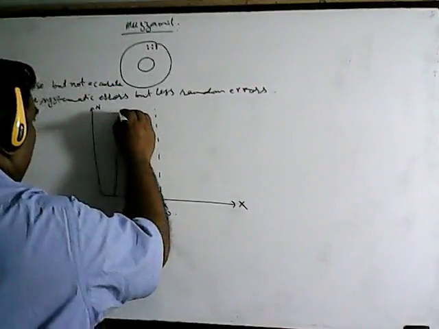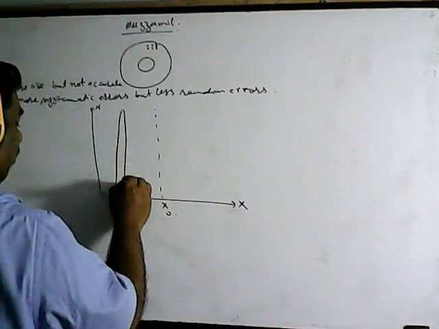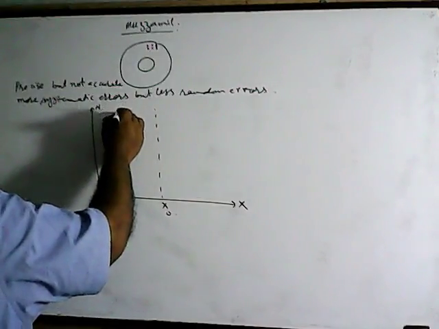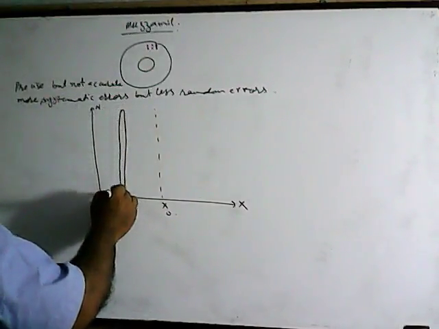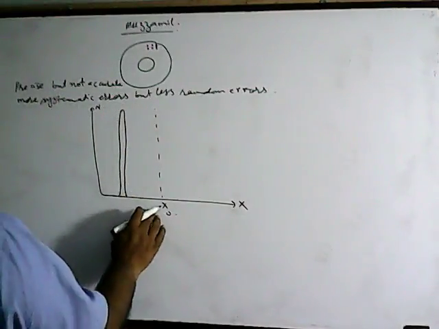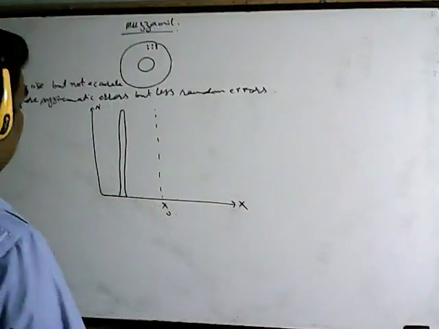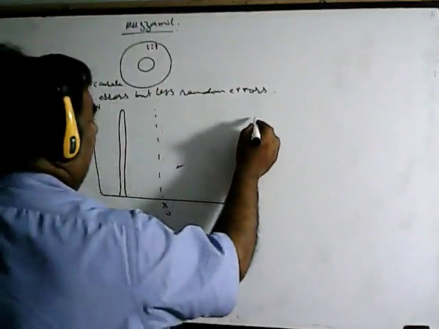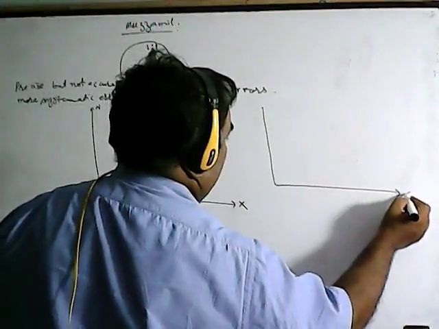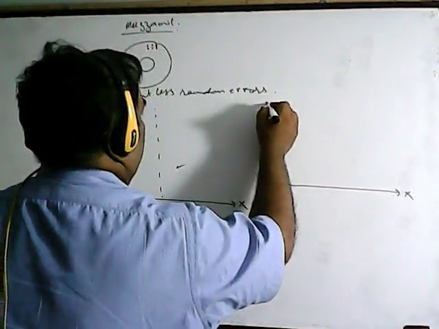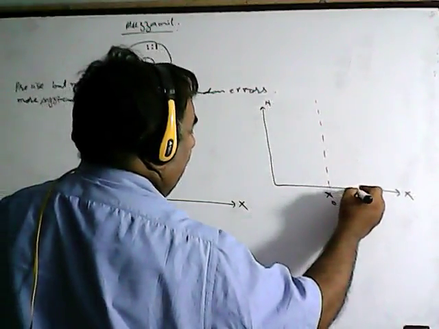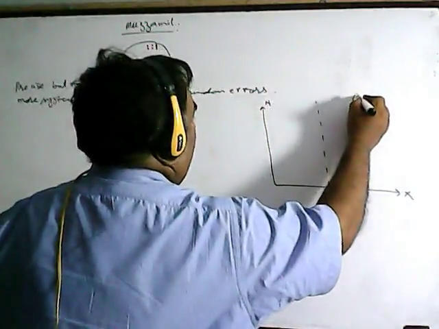This loop is very narrow, which shows that he is precise, but he is never near the exact value. The loop can be here, this is also okay. Or you can have the loop here, with x, n, and x naught. The loop can be here also if the readings are more than that.